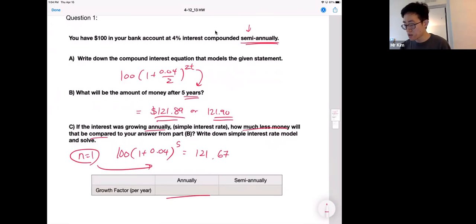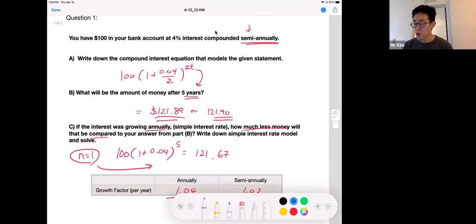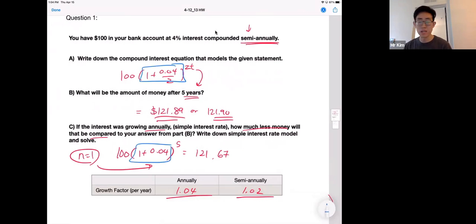And so the growth factor for annual and semi-annual, although they are quite different, because of the end value and the more frequent times that you're taking the interest of, the more money that you'll get. And that is the main idea that we established last time. When we're asking for the growth factor, it basically means whatever's inside the parentheses. So for annually, it should be 1.04.